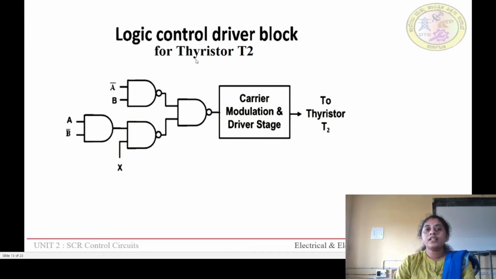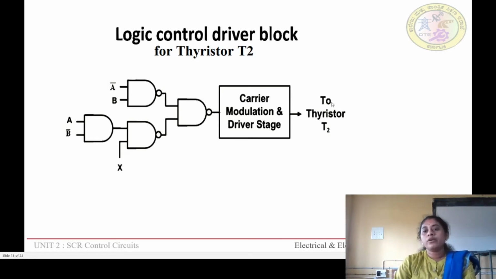Now let us see the logical control driver block for thyristor T2. This logical control driver block includes a combinational circuit. As already told, it contains 3 NAND gates and 1 AND gate.